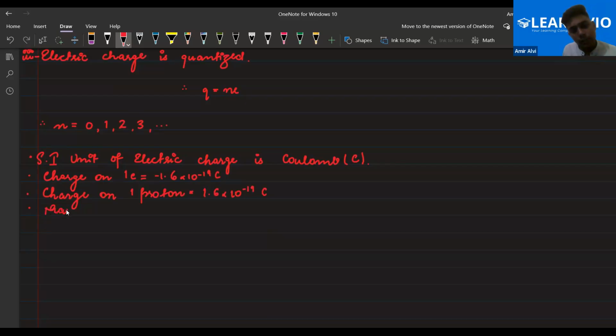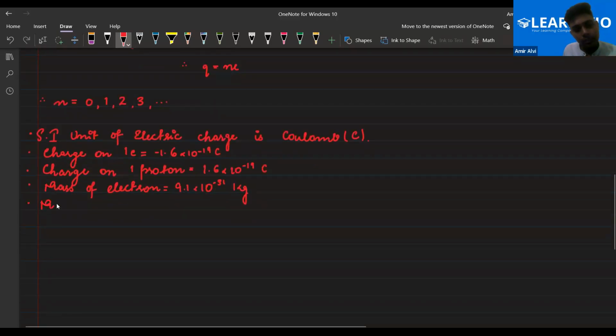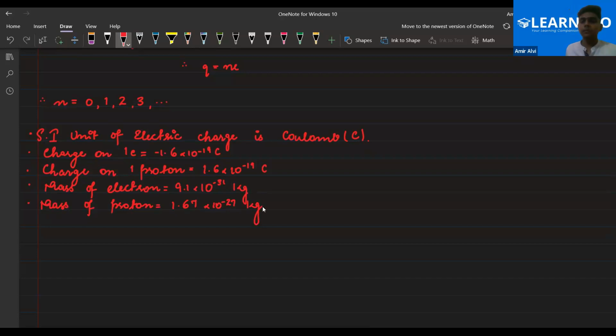The electron is a very light quantity. So the mass of electron is equal to 9.1 into 10 to the power minus 31 kg. And the mass of proton is 1.67 into 10 to the power minus 27 kg. Clear?